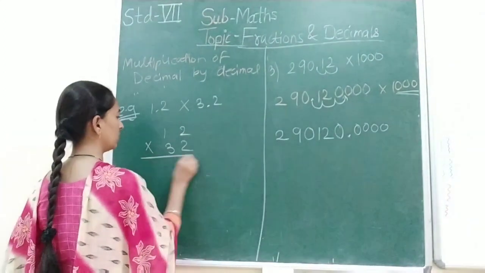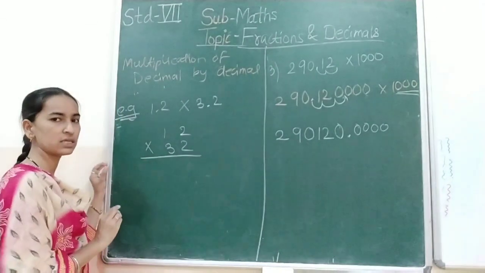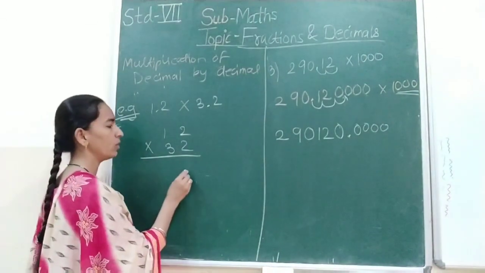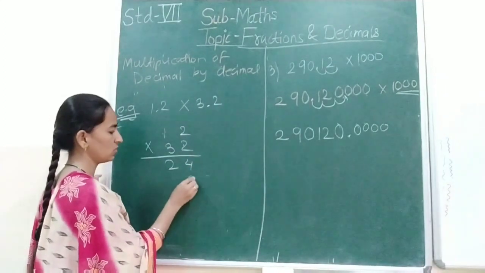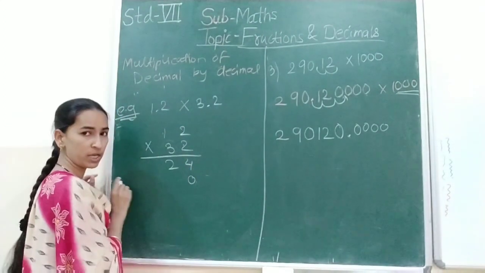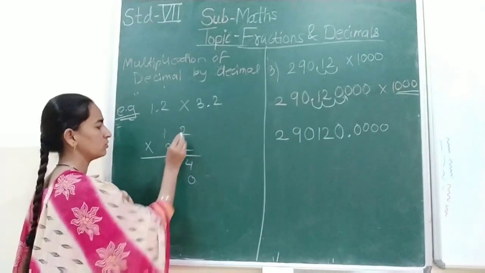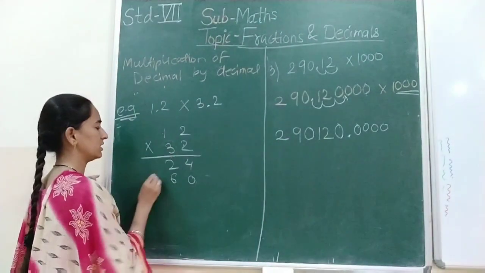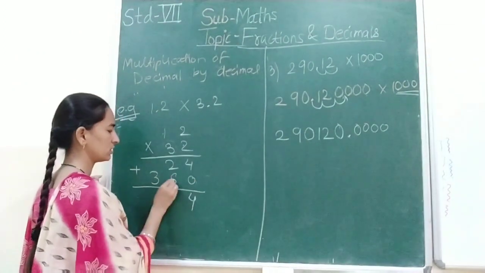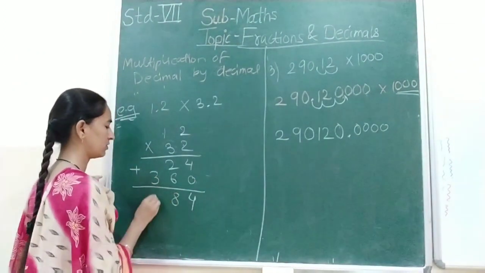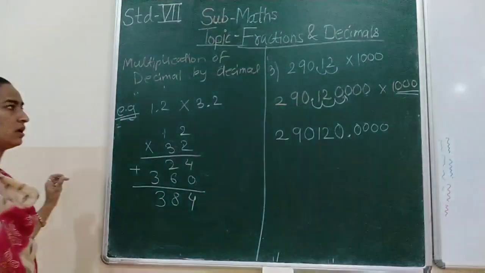This will be 32. Now take the multiplication similar to whole number. 2 2s are 4. 2 1s are 2. Now give 0 here because we are taking the 10th place. So 0 here. 3 2s are 6. 3 1s are 3. Now take the addition. 4, 6 plus 2 is 8, 3 as it is.